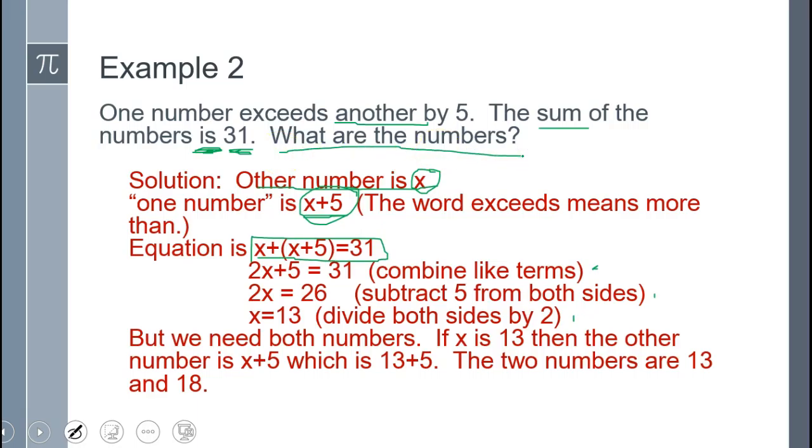They want both numbers. So I found that x is 13. I need to know what x plus 5 is. So the answer is 13, and 13 plus 5 is 18. That's your complete answer. A lot of times students will get to this point here and not go back and read and complete the question. And that's a shame because you've done all the hard part.